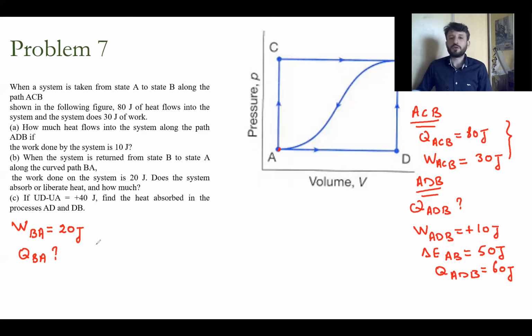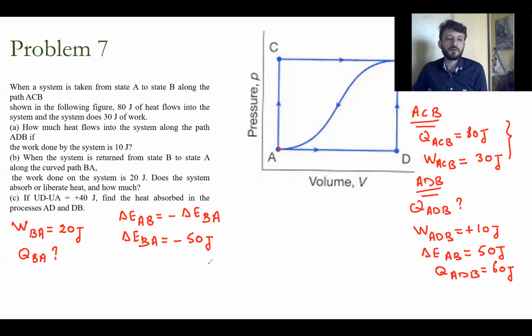Here, you know, delta E AB equals minus delta E BA. So delta E BA equals minus 50 joule. Now I want to find Q BA.